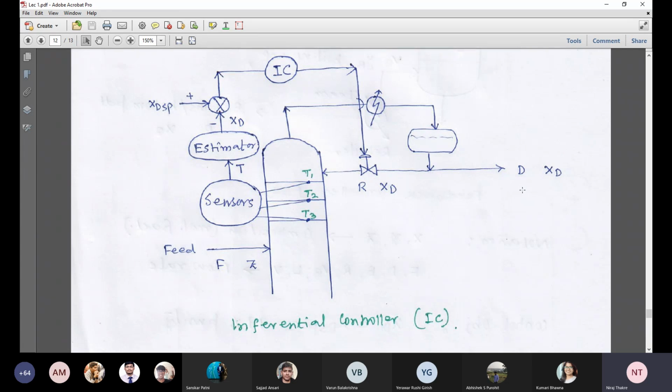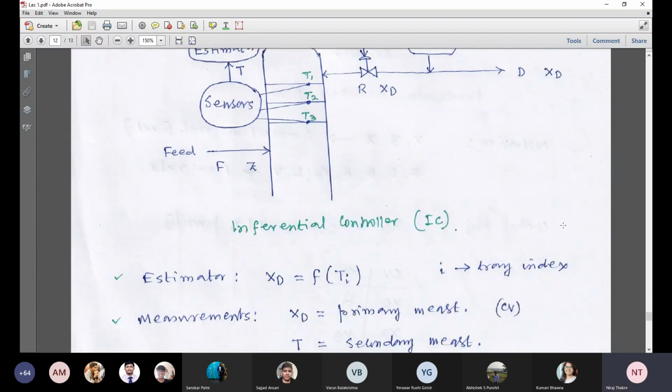We may collect the sample and go to our lab and check whether XD is correct or not. Got the point? To verify our control scheme is performing well, we measure this XD intermittently. That means some measurement of XD is involved. That's why this is primary measurement.